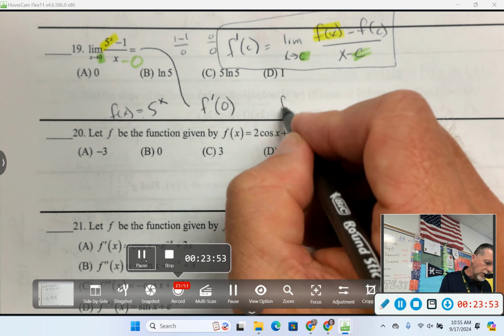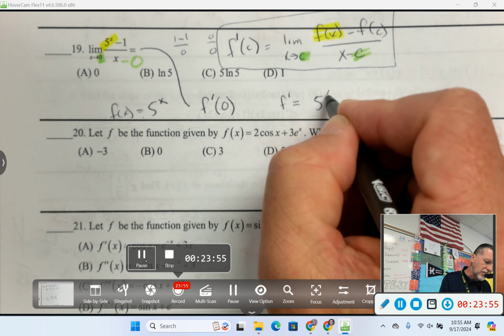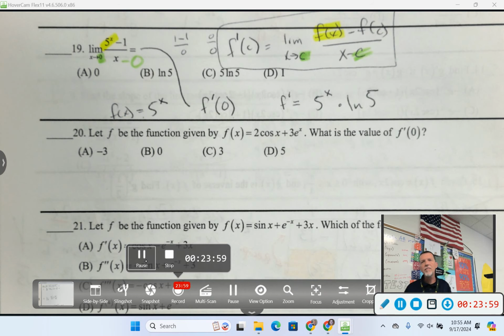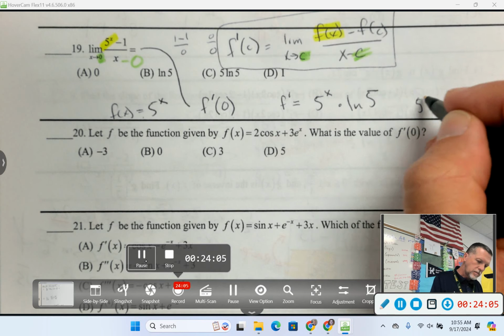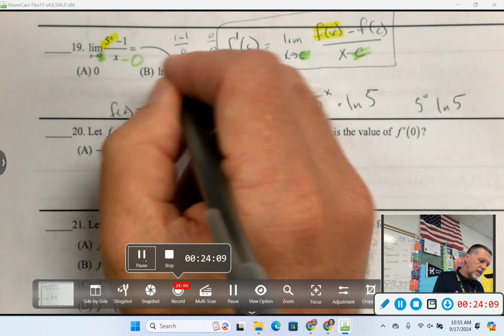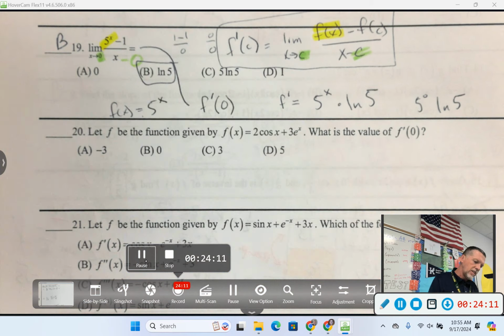So let's see, the derivative of 5 to the x is 5 to the x times natural log 5. And then if we plug in 0, 5 to 0 is 1, natural log 5 is an answer. That's a hard one, because you don't recognize what that is.